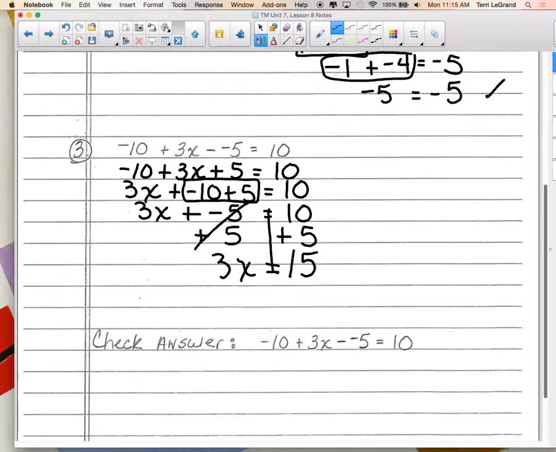And now what? Oh, we're not done yet. We don't know what x is equal to yet. We have 3 x tiles on one side and 15 unit 1 tiles on the other. What are we going to do? No, not negative 3.